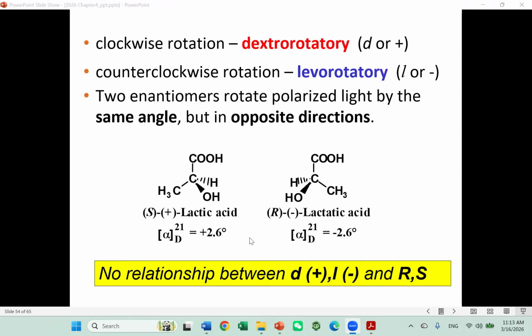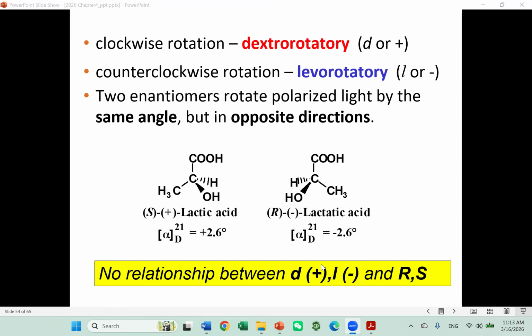And please keep in mind, there's no relationship between the rotation direction and R or S. For example, in one pair of enantiomers, R may rotate clockwise and S counterclockwise. But in a different pair of enantiomers, R may rotate counterclockwise and S clockwise.